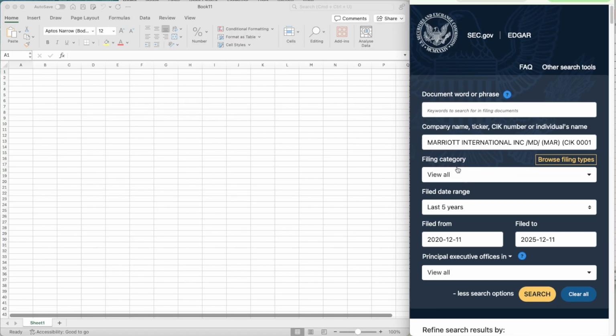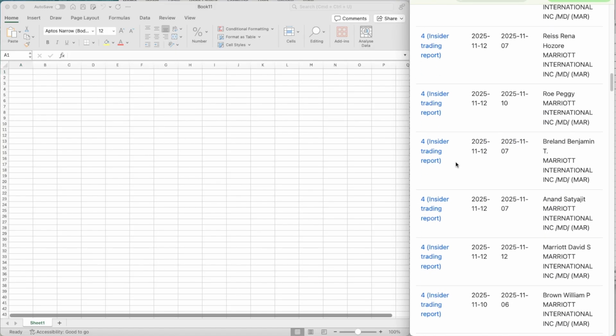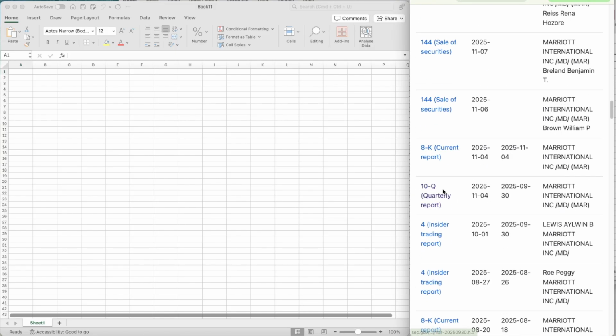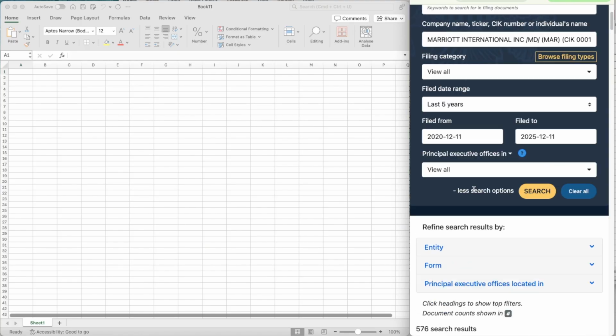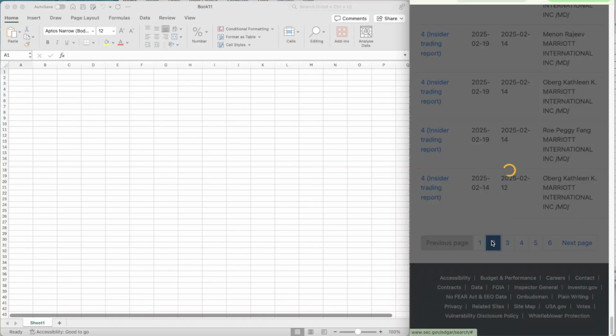So come onto the SEC, type in Marriott, and open up the first 10Q that you see. That should be for the first 9 months of this year. Then go onto the second page, and if you scroll down slightly, you'll find the 10K.